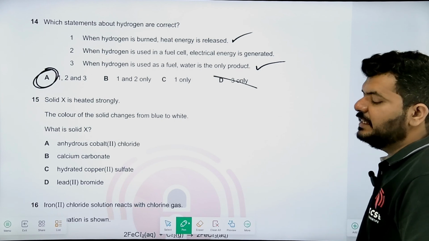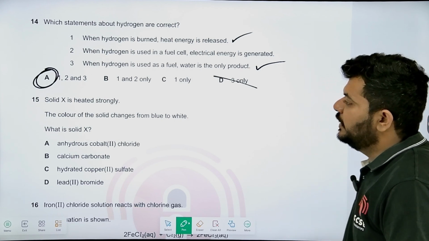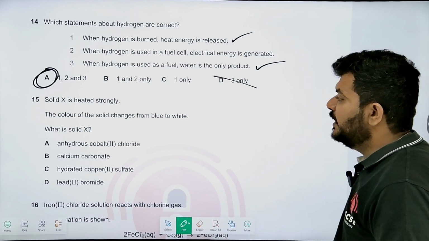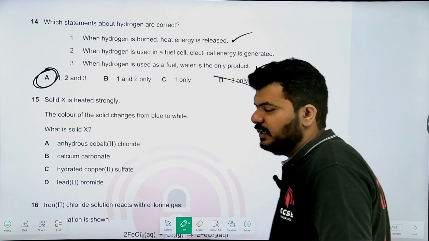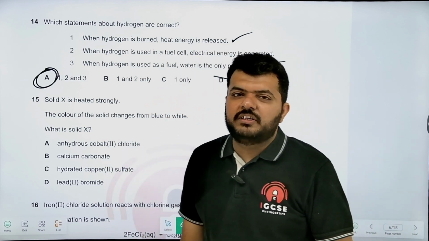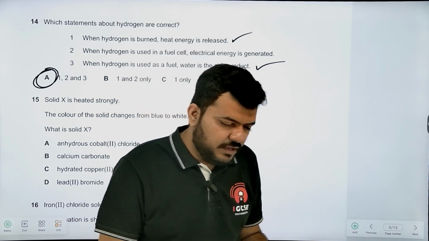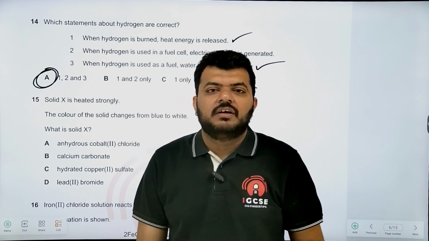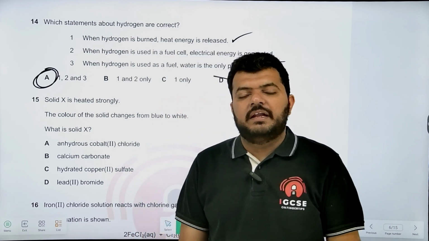Solid X is heated strongly. The color of the solid changes from blue to white. What is solid X? We know of only two solids that change their color when water is removed. One is copper sulfate. It is blue when hydrated and white when dehydrated or anhydrous.